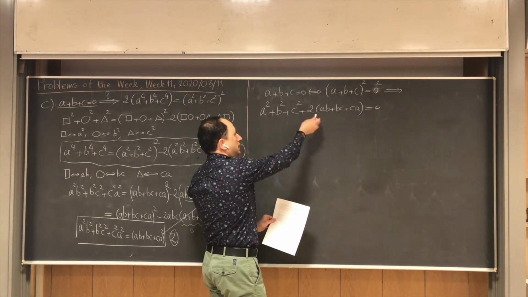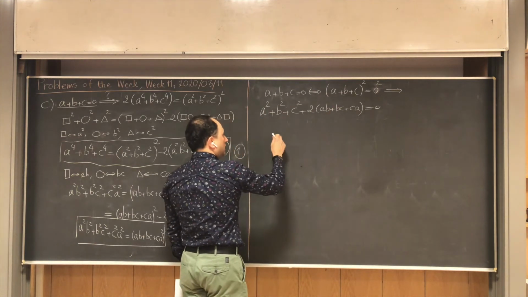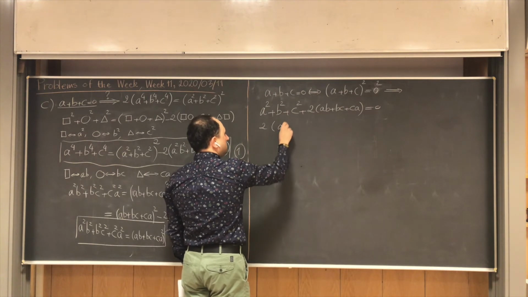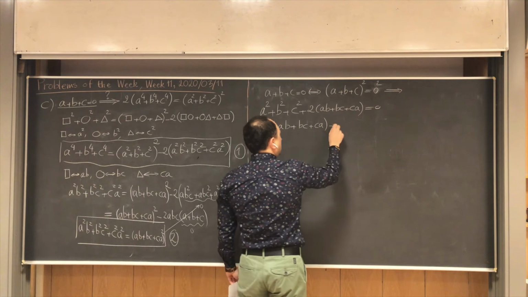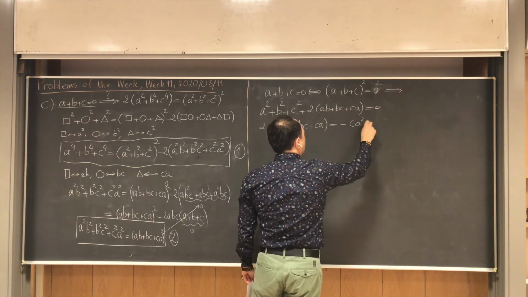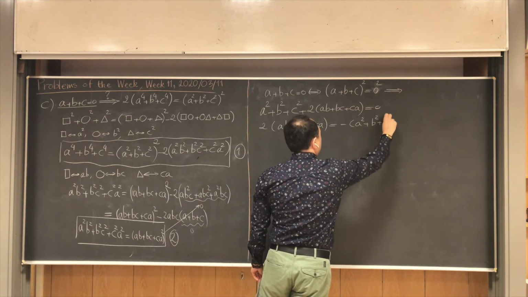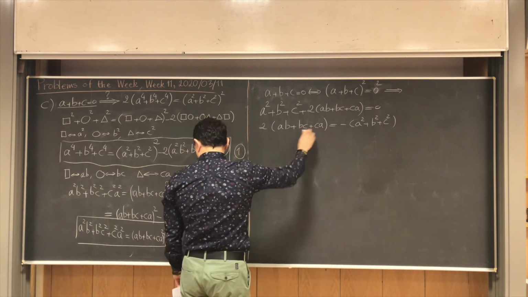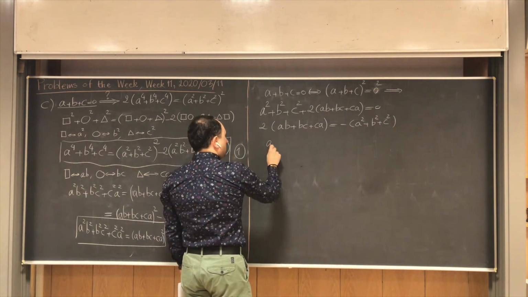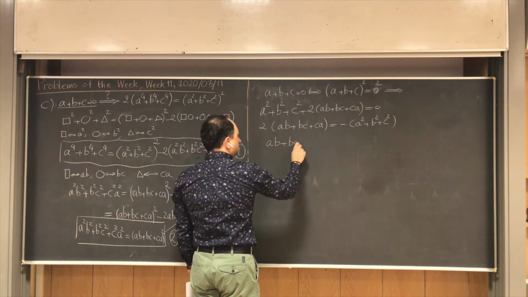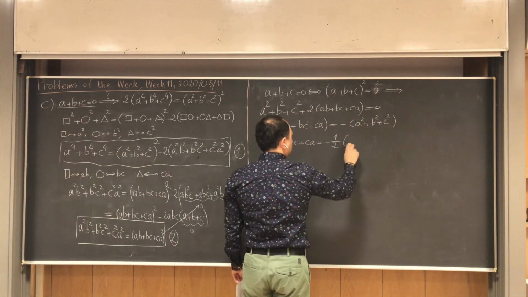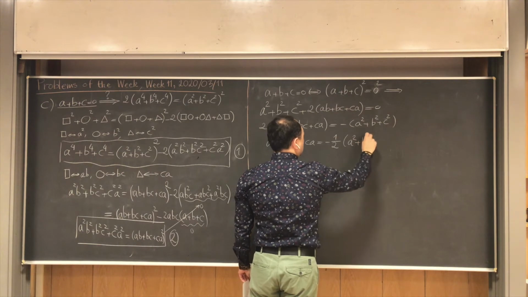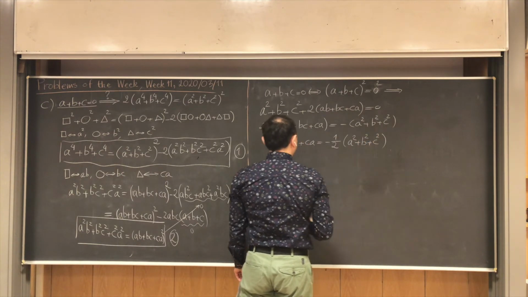All of them become negative. I factor the negative sign out, so it becomes 2 times AB plus BC plus CA is minus A squared plus B squared plus C squared. And then I divide everything by 2, so then finally I get this relation. Yes.